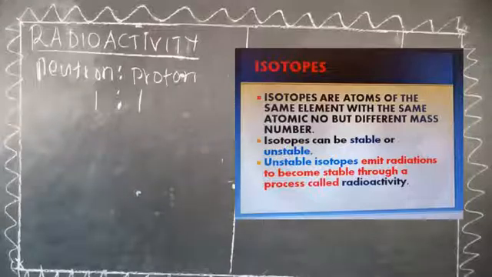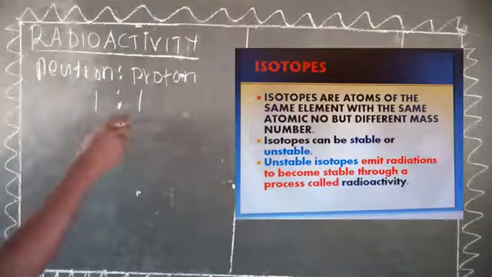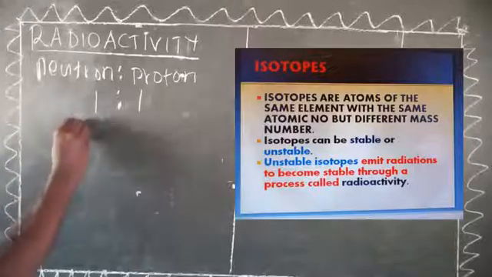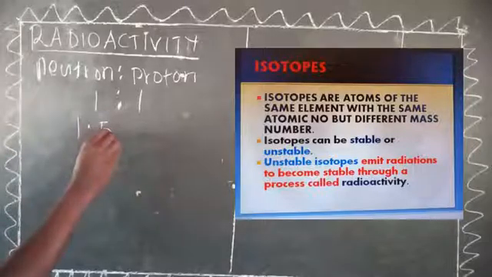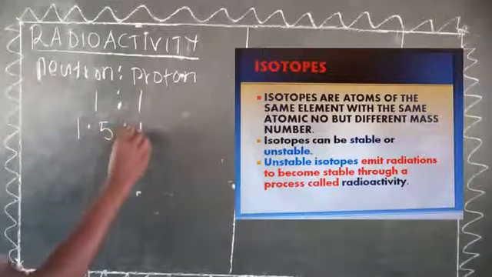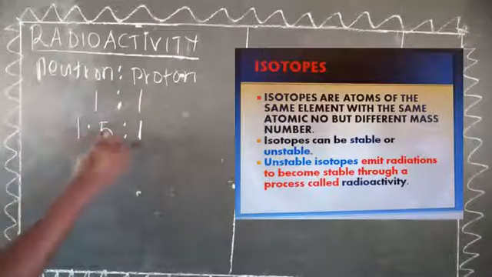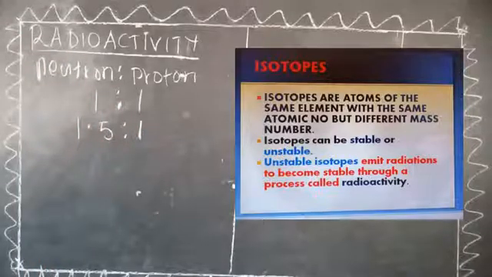But then sometimes, as the size of the nuclide increases from the first element and the mass number keeps on increasing, a point is reached when the neutron-proton ratio is more than 1:1, and in this case sometimes it is 1.5 to 1. This means that the number of neutrons is more than the number of the protons.